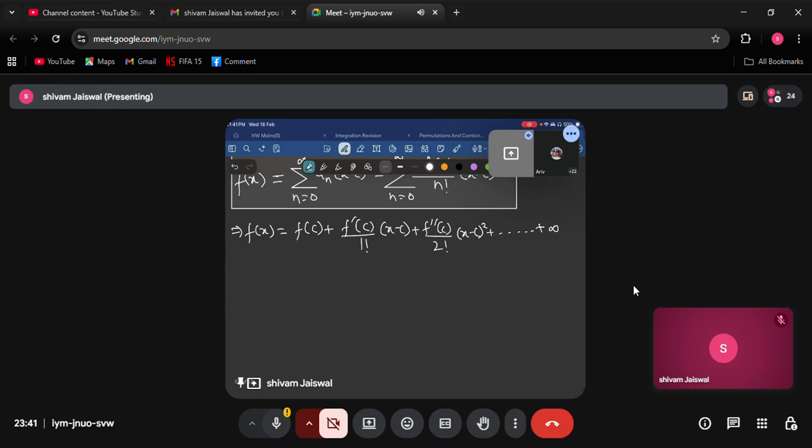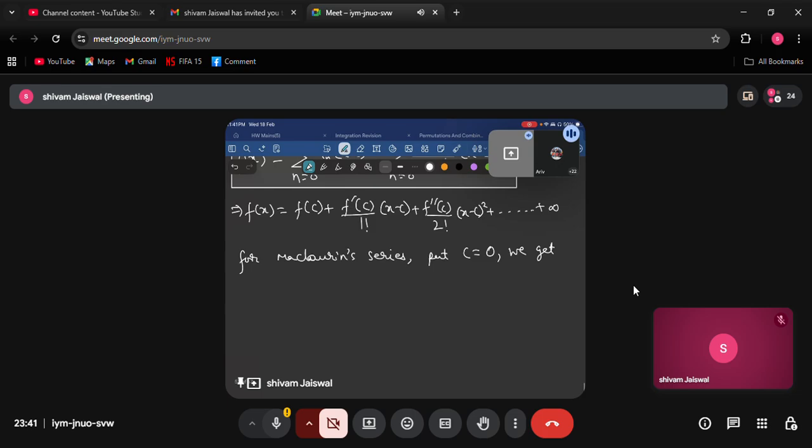So for Maclaurin series, what will happen? Put c equal to 0. Since c is a real number, we can put c equal to 0.